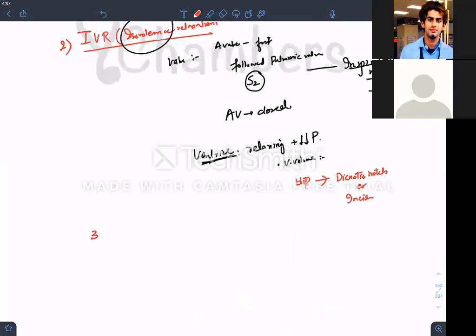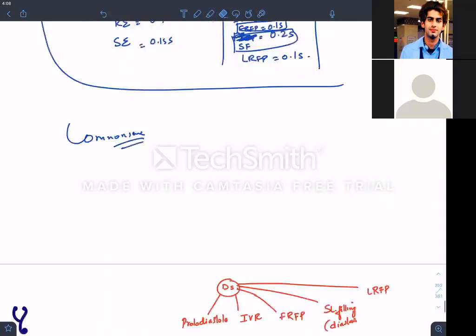So third, I am going into first rapid filling. Now I want to tell you first what is end systolic volume and end diastolic volume. These are two terms you get confused. It's not related to this, but I had to mention ESV in the isovolumetric relaxation.